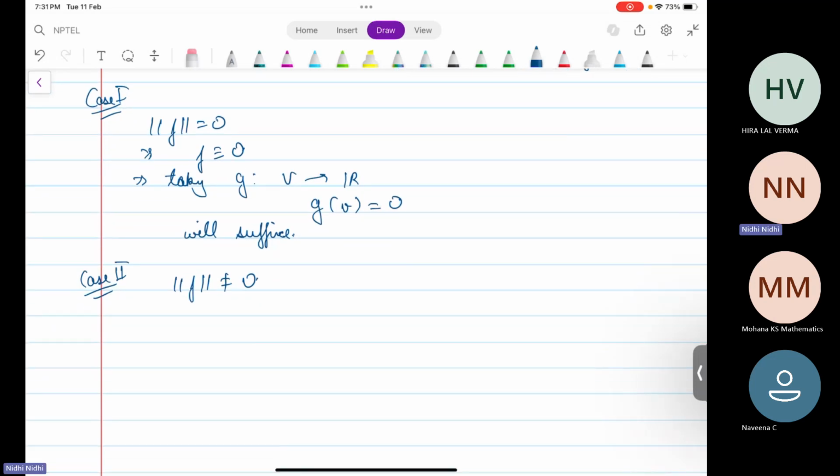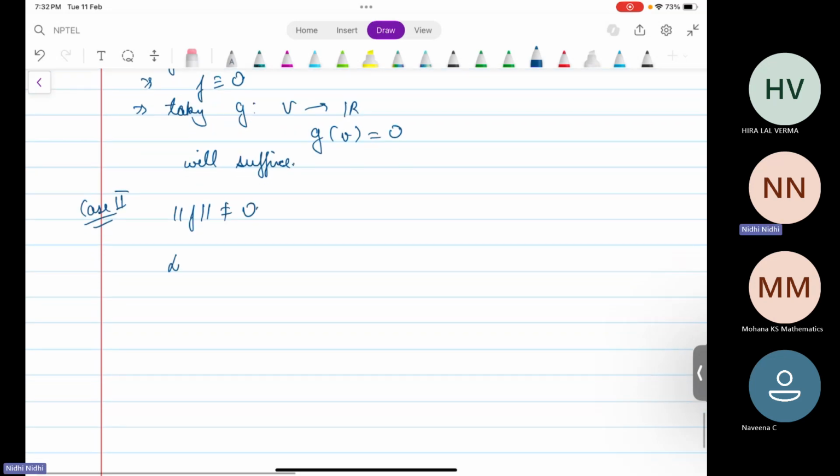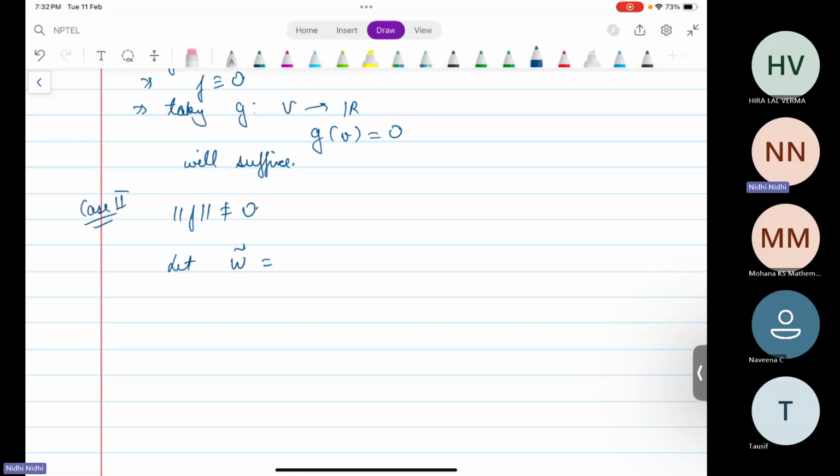In order to use the geometric version, clearly we need to have some open and convex set U. So let's start with that. Let W tilde be the kernel of function f.